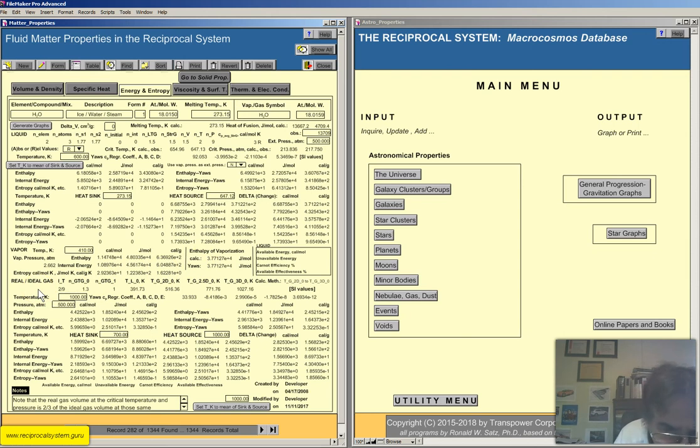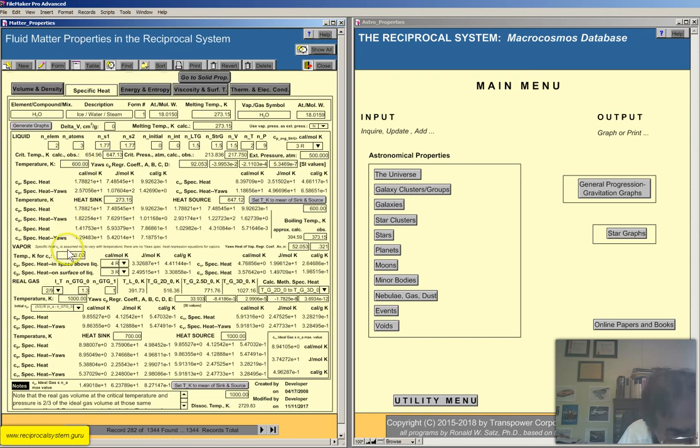Alright, so now we have this string of values here, and this is the same really as on the other screen. So let's go back to specific heat and go back through that again. I just think it's important.